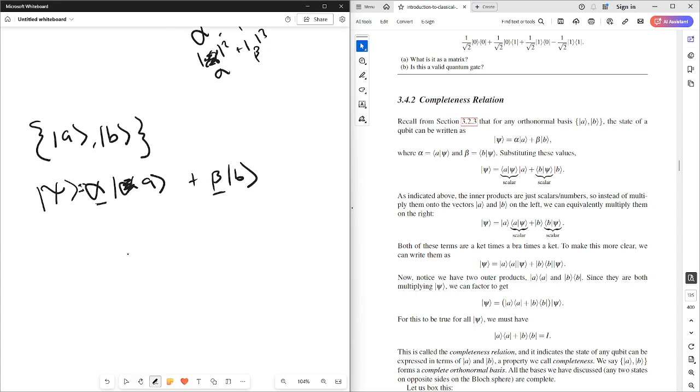But we can actually substitute in these values for alpha. So alpha is the inner product of the state A and state psi. We looked at this yesterday. Basically, if you don't know the amplitudes, you can discover them by doing the inner products with your measurement basis states, and it'll give you your amplitudes.